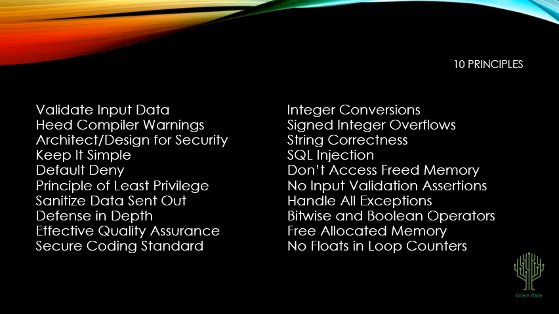Apply the principle of least privilege. Sanitize data that we send out. To do that, we'll also apply string correctness. Next, defense in depth. And then we'll have an effective quality assurance and secure coding standard.